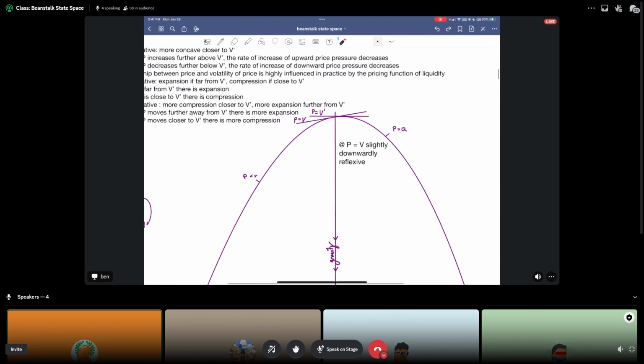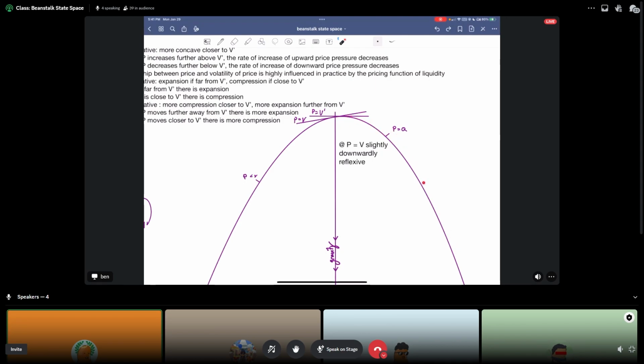Then, the point is that there's downward pressure at V, there's no force in either direction at V prime, whereas now, if you go greater than V, the slope starts to increase. And what this is showing is that as the price gets higher and higher and higher, there's more reflexivity naturally with respect to price.